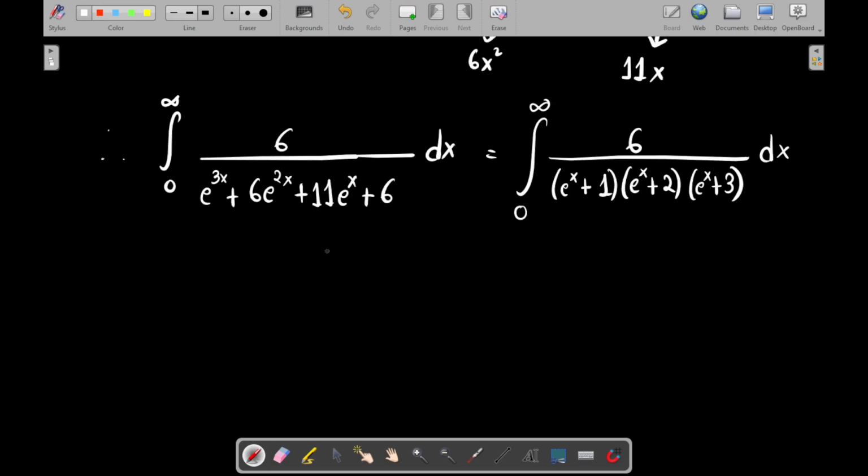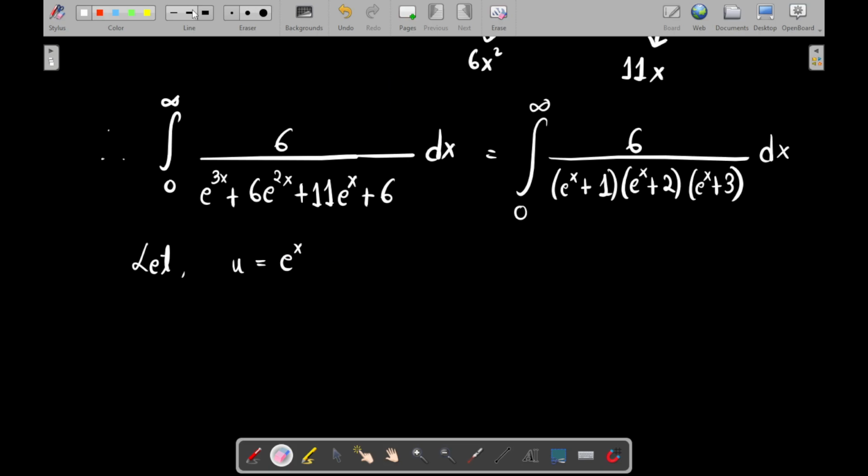Now let us use the substitution. Instead of e to the power x, I am using another variable u, u equal to e to the power x. If I differentiate both sides, I'll get du equal to e to the power x dx. But instead of doing the derivative here, I want to break the partial fraction first.